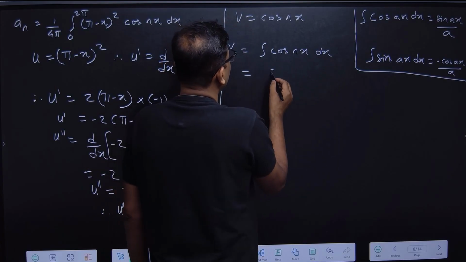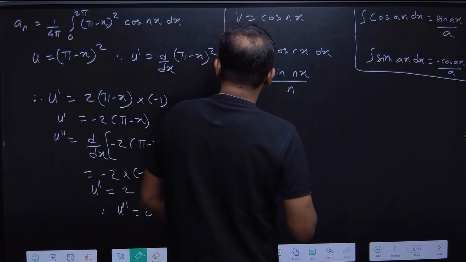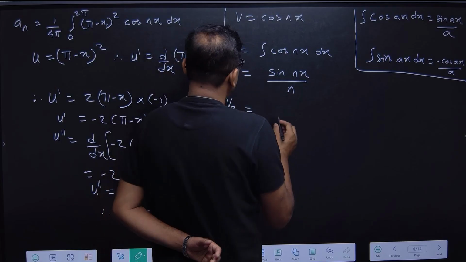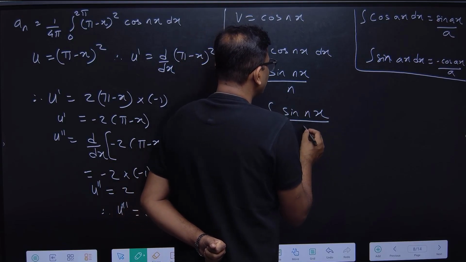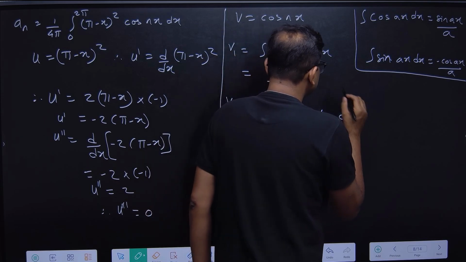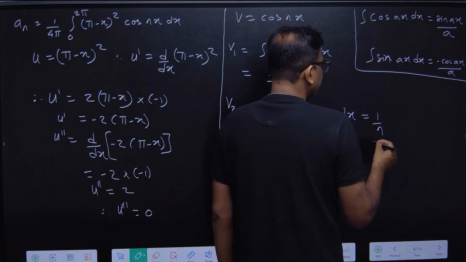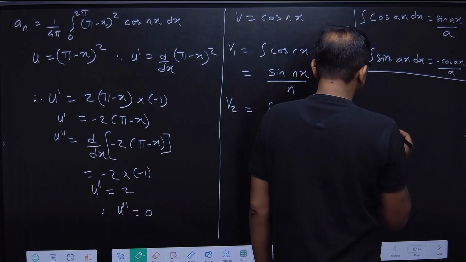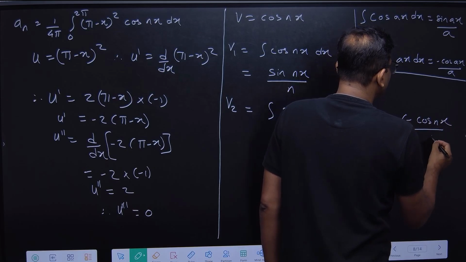You see, integration of cos nx is sine of nx upon n. v2 is integration of sine nx upon n dx. See, this 1 upon n comes outside, and integration of sine nx, remember, will be minus cos nx upon n.